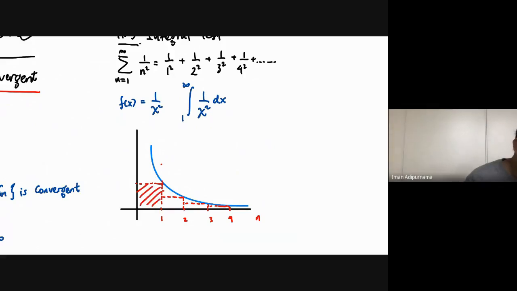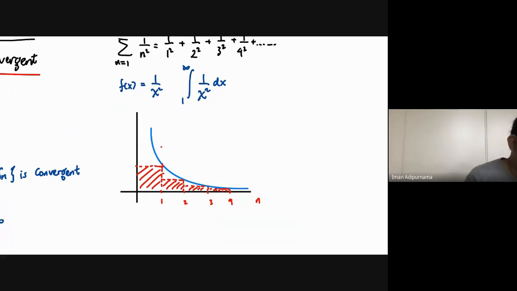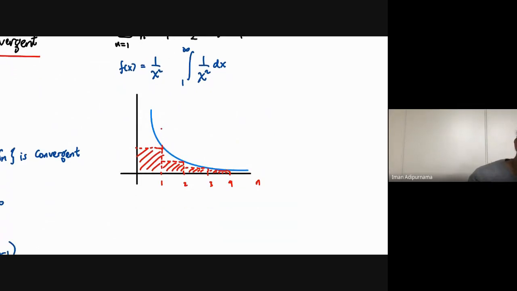The rectangle, this rectangle. So from Calculus 1, we also have proven the sum of the rectangles. Let me write one more time.